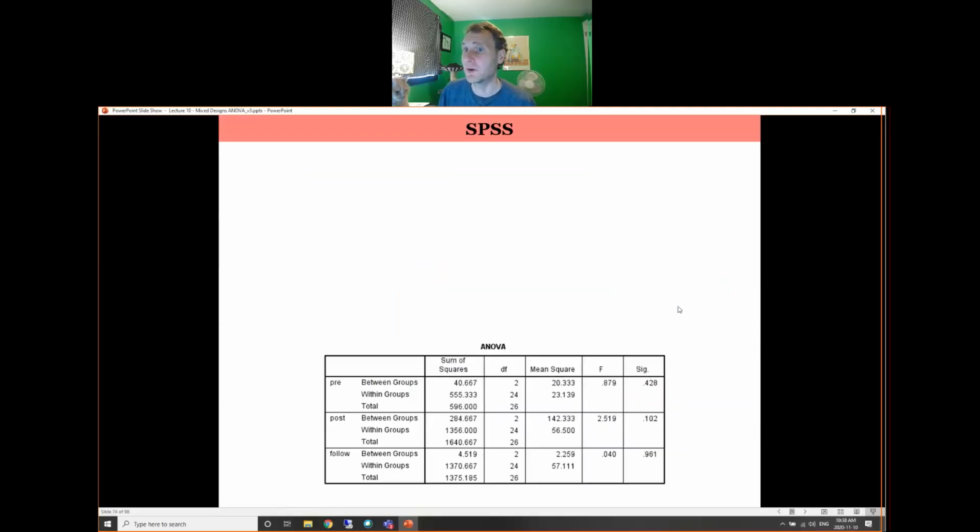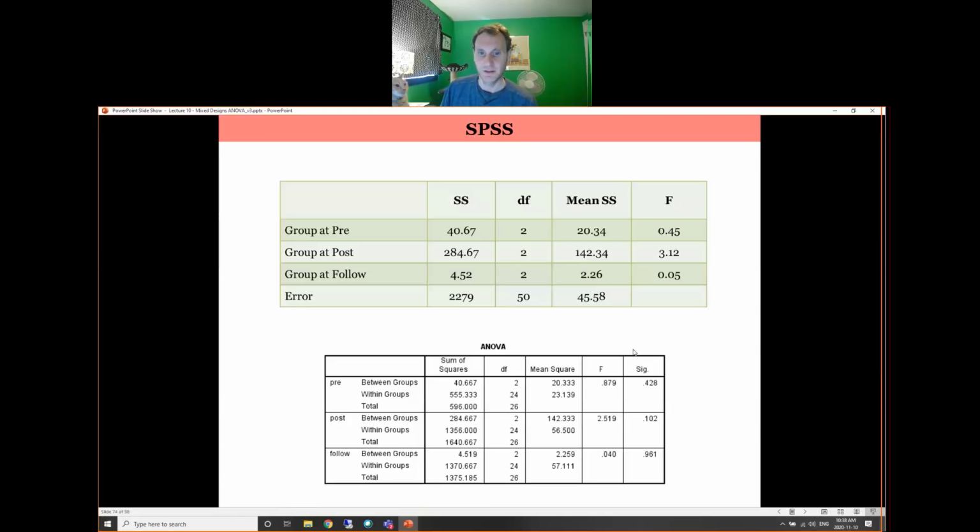Now I ran that one-way ANOVA, and I gave it 3 DVs, and so what it does is it just runs it 3 times, on each DV. Again, if I look at my sums of squares, group at pre comes out exactly the same. Group at post, exactly the same.